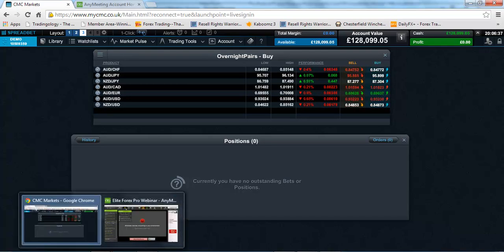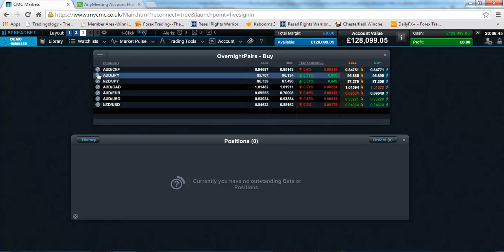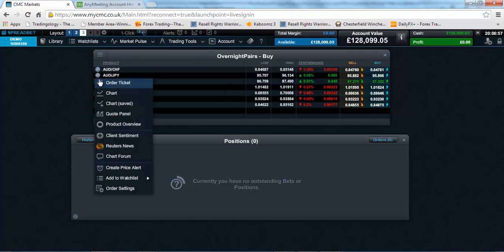So when you are entering a trade, at the moment, I think we will look at Australian dollar, Japanese yen, to see how the chart is going. With that one, you just click on this little round on the side of the currency pair, and then you open your chart.